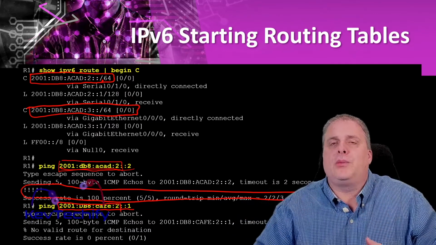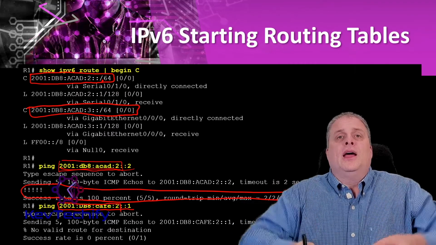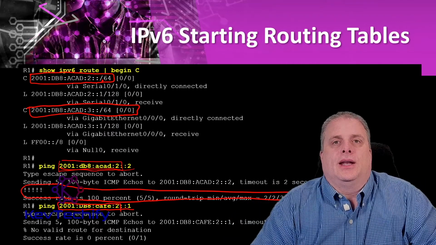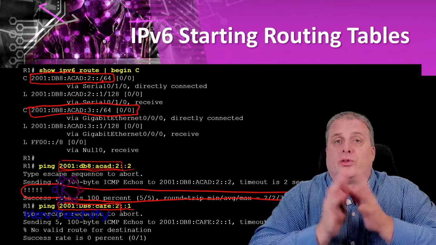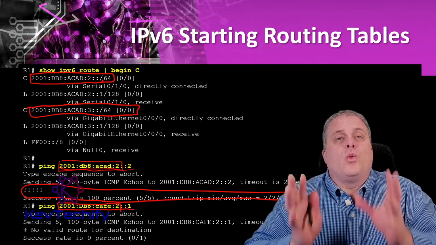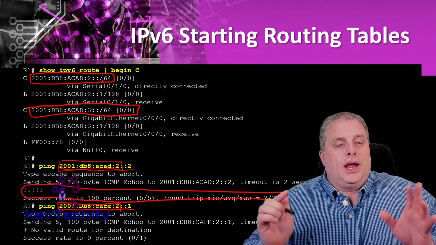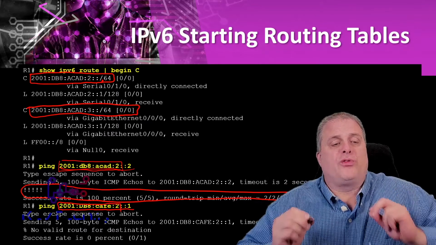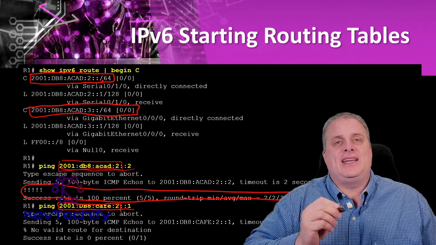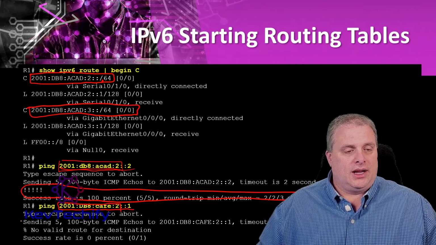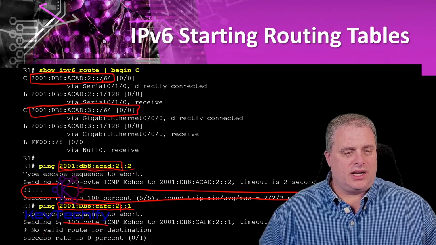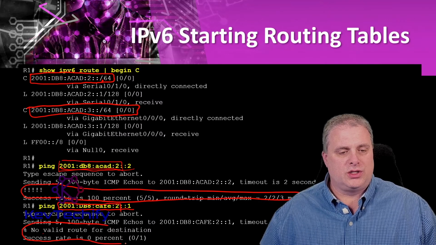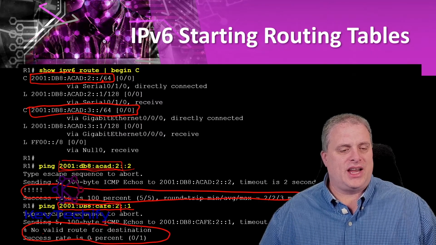Same thing that happened in IP version 4. We get a ping and we don't know where to send it because our routing table is limited. Those are all the routes we know about. Those are all the networks that we know about. And so that ping will fail because we can't get it to its destination. And right here we can see we have a success rate of 0 because there's no route for the destination.